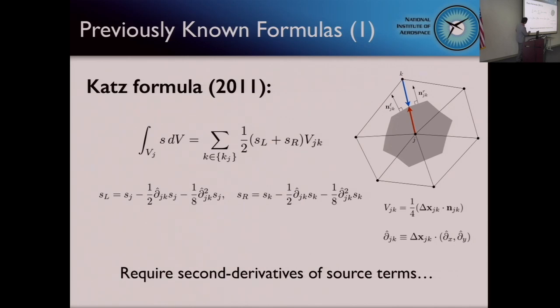And this operator is defined as a gradient dotted with the H vector. And this is a square, so this requires second derivatives: all the second derivatives, xx, xy, and yy. And this BJK is called the partial volume. That's the dot product of the H vector and the directed area vector. So this requires second derivatives.